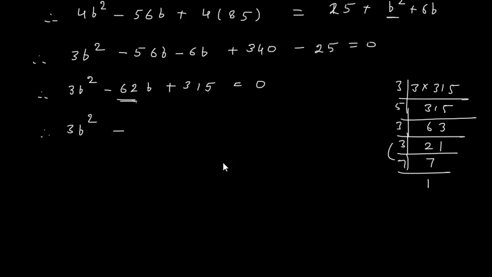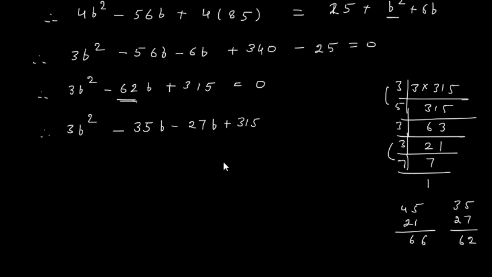If I take 7 into 5, that is 35, and 3 into 3 into 3, that is 27, then 35 plus 27 is 62. So here I will say 3b square minus 35b minus 27b plus 315 equals 0.